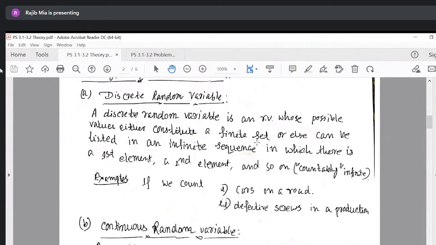Countably infinite set means you can count the elements of that set: first element, second element, third element, like this. I think all of you know countably infinite and uncountable infinite sets. Can you give an example of a countably infinite set? The set is infinite, but it is countable.